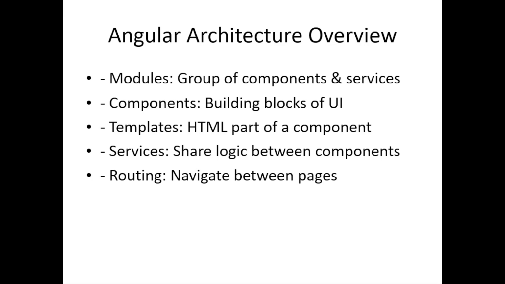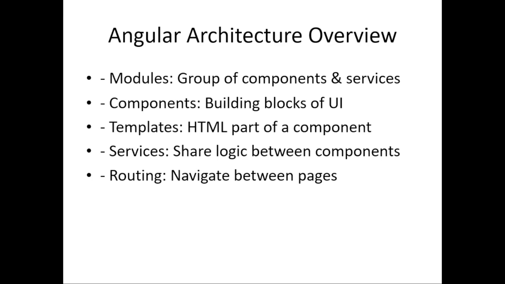So next, components. A component is like a building block of the UI. Components are the building blocks of any Angular app. Each component has three parts: a TypeScript class, an HTML template, and CSS. These are the three chunks used in a single component.